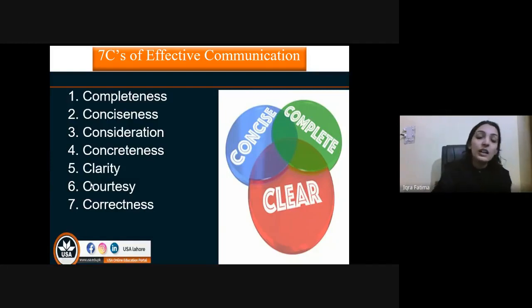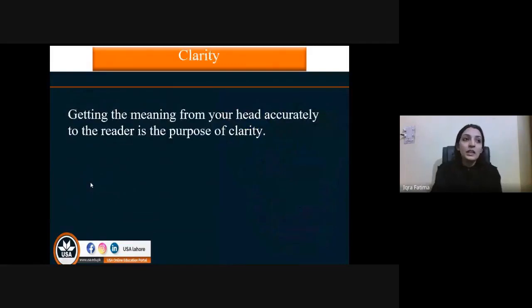Before moving towards the first C, which is clarity, I just want to tell you that this is a technique for making your communication effective, either written or oral. This strategy is for both discourses.